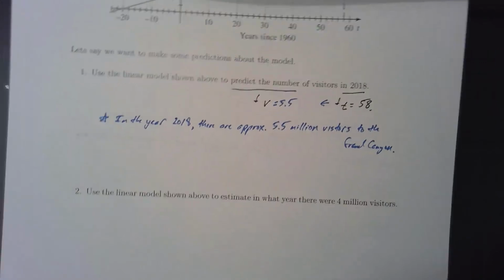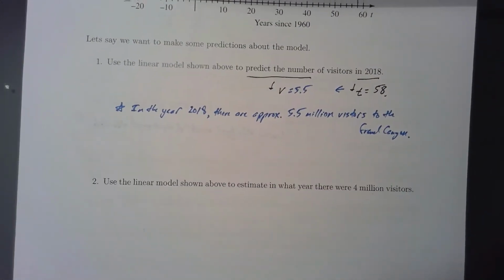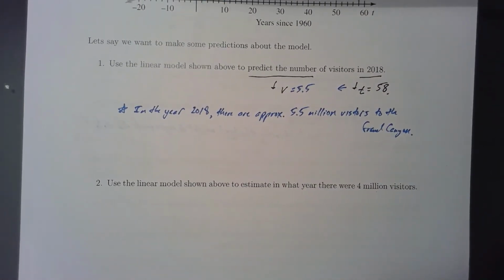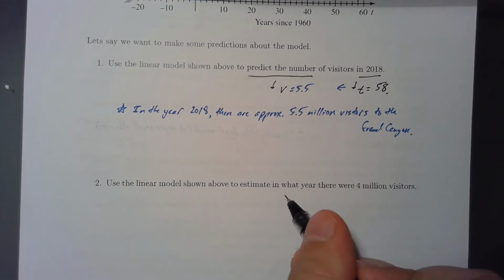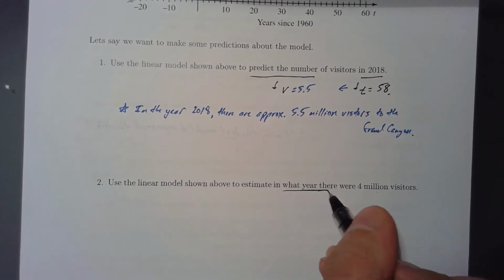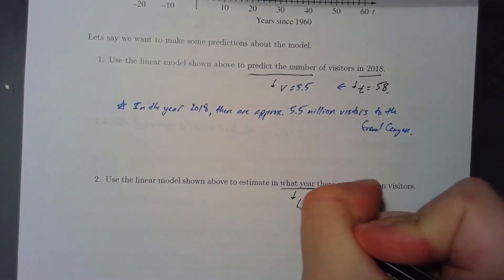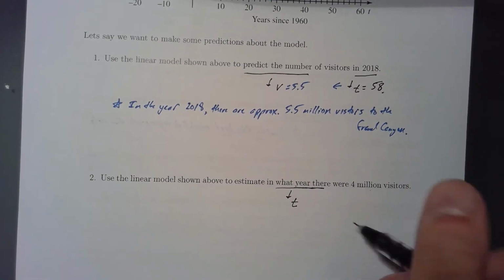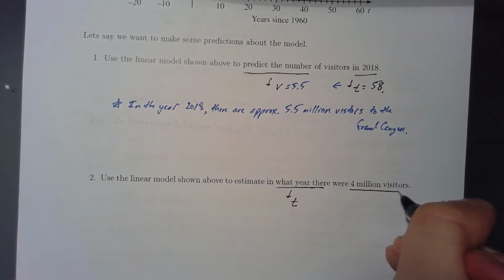And let's look at question 2. Use the linear model shown above to estimate in what year there were 4 million visitors. Okay. So we want to estimate in what year. So that is talking about the variable t. There were 4 million visitors.